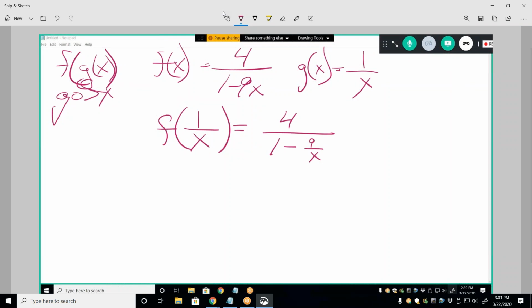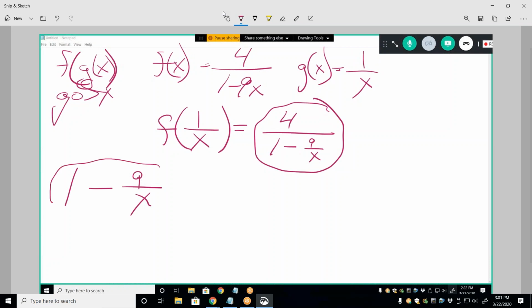Mm-hmm. You have to simplify this. And in order to simplify it, we can't copy dot flip yet because we have two terms in the denominator. So we have to combine those two terms into one term. So over here, let's figure out how we solve that problem. How did we turn that into one rational quotient?